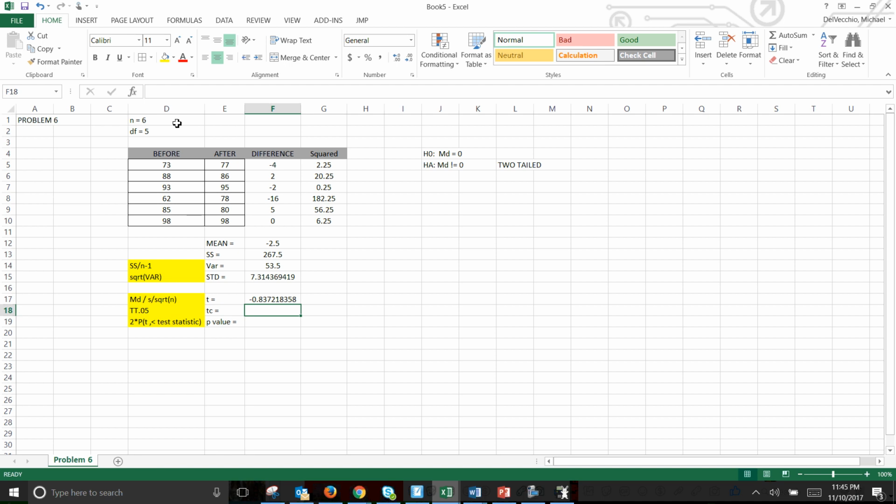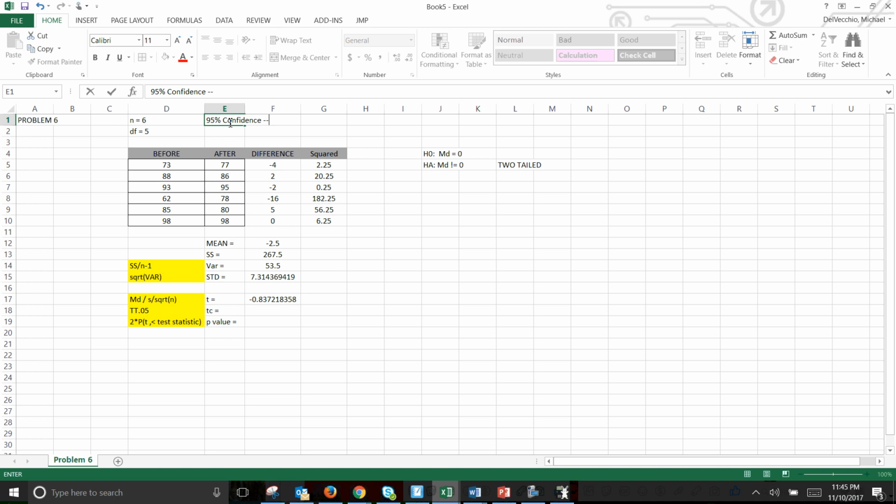All right. So the next thing it wants us to do is calculate this critical value for t. So let's remind ourselves that this is at a significance level, or it's 95% confidence.